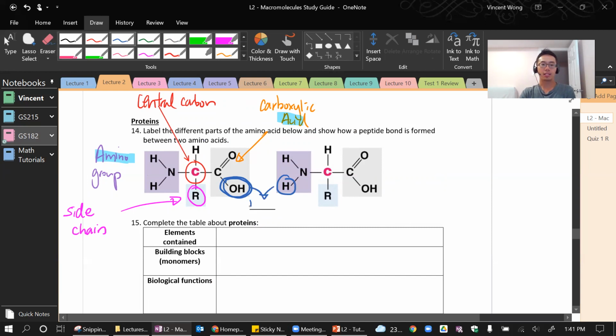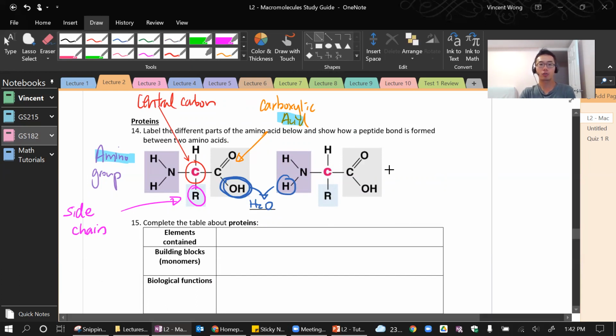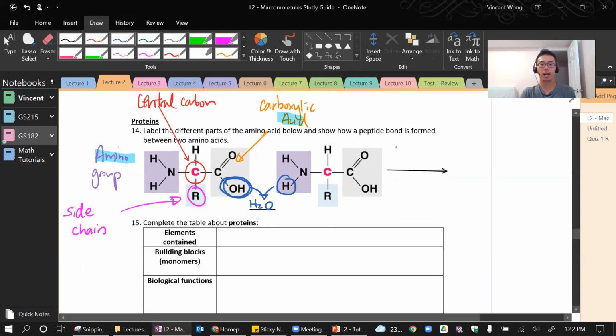And from that, you will take away a water. You already know this process, right? This is called dehydration synthesis or condensation reaction. Okay, so I'm just going to redraw this to show you what it looks like.